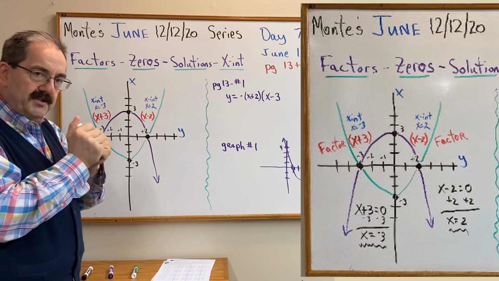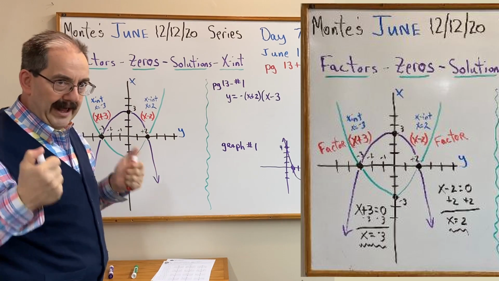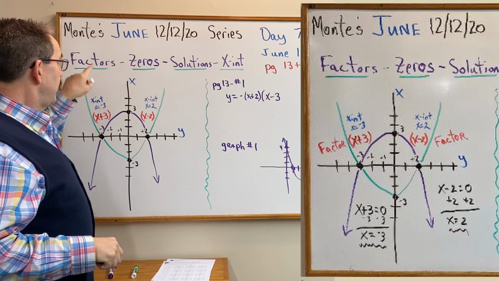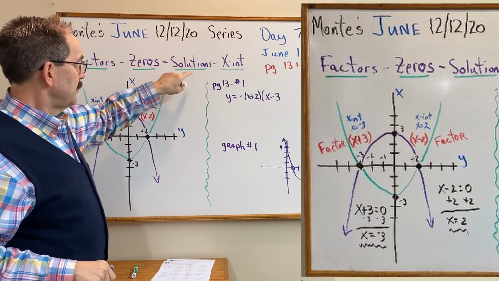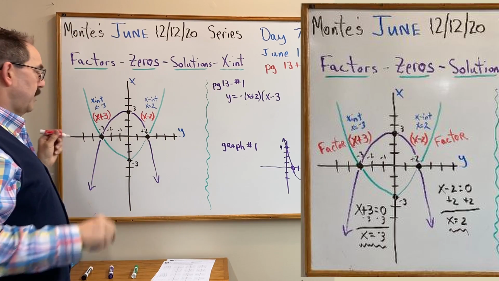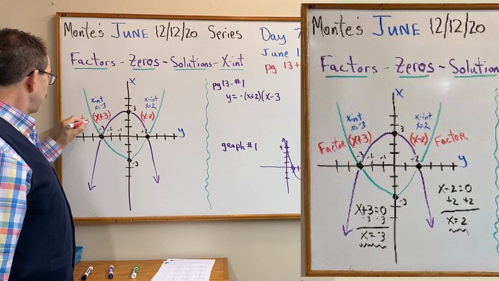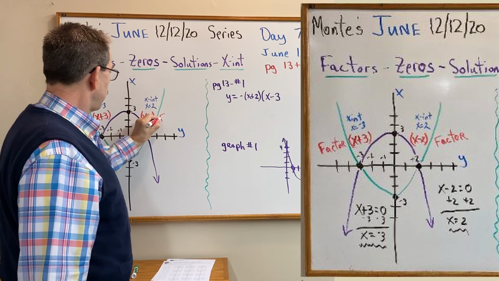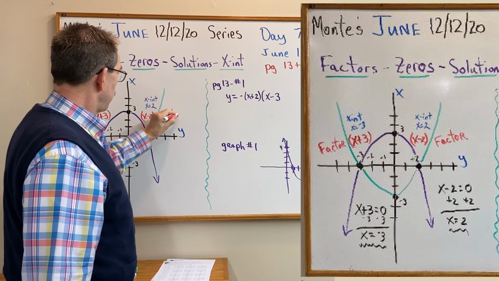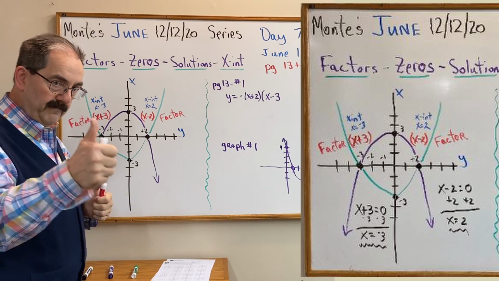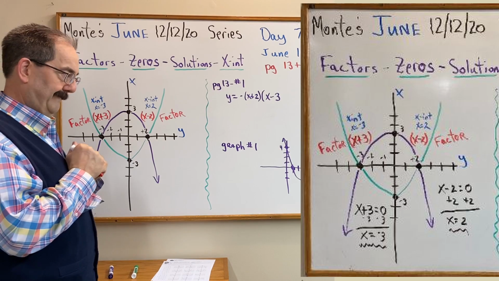The key to all of the rest of math in Algebra 2 is right here. Okay? So, factor, 0, solution, x-intercept. You writing it down? Okay.